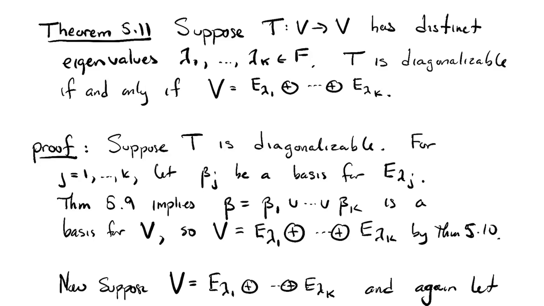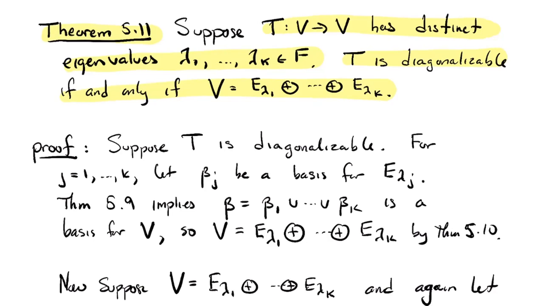In fact, it's if and only if. The only way an operator is diagonalizable is if that happens. So theorem 5.11 is really just a translation of that into the direct sum language. So if you take an operator, and suppose its distinct eigenvalues are called lambda 1 through lambda k, the statement is that the operator is diagonalizable if and only if V is a direct sum of the eigenspaces.